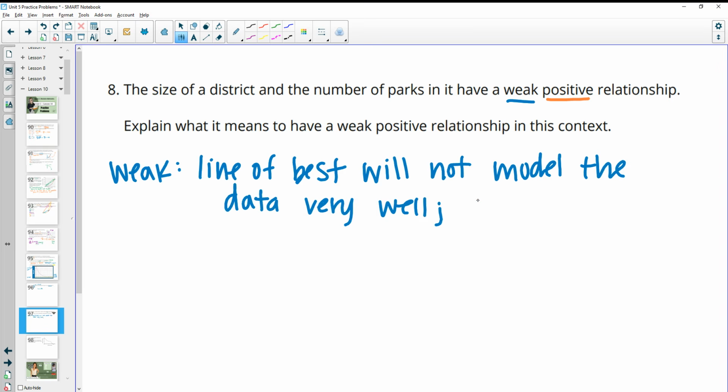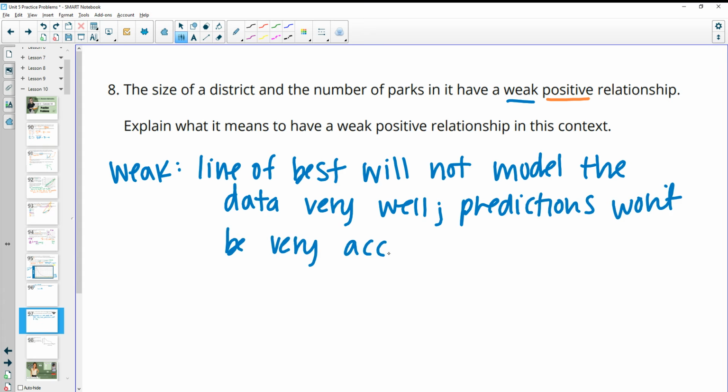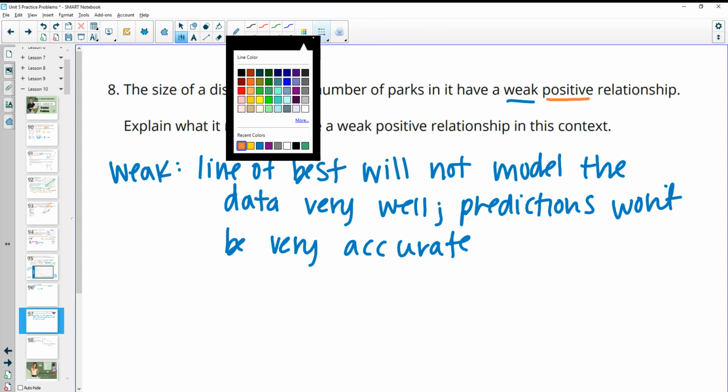Meaning it doesn't predict it well. So predictions won't be very accurate. That line of best fit is not going to hit the data points. It's not going to hit very many of them.